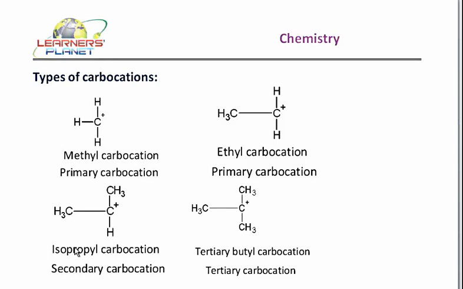Now, this carbocation is an isopropyl carbocation or a secondary carbocation, when the carbon with a positive charge is bonded to 2 carbon atoms. Likewise, there is a tertiary butyl carbocation, when a carbon atom having a positive charge is bonded to 3 methyl groups. So these are different types of carbocations. Right? This is just an example: primary, secondary and tertiary.